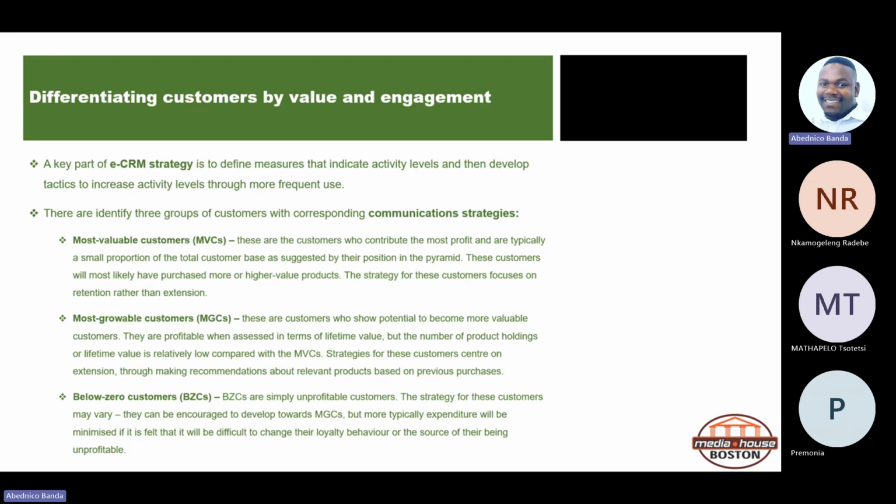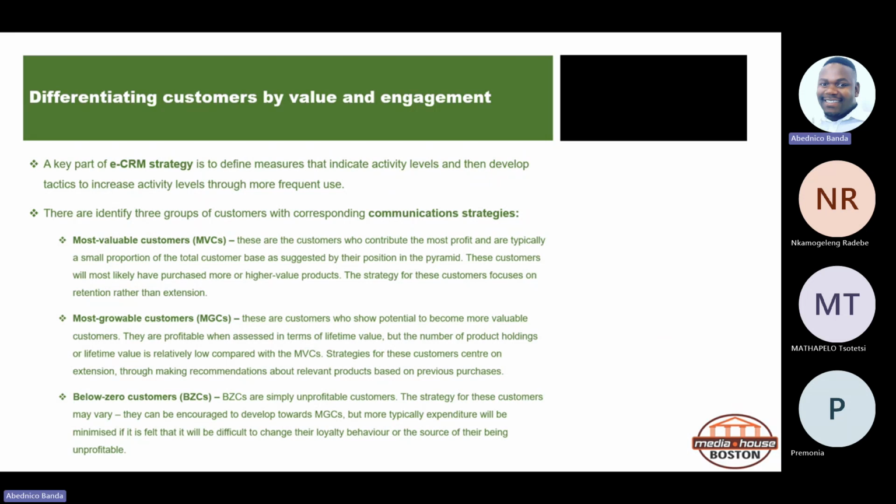So there are three groups of customers with corresponding communication strategies. Whenever you're engaging with customers, you need to categorize them into three. You've got the most valuable customers, then the most growable customers, and then the below zero customers.